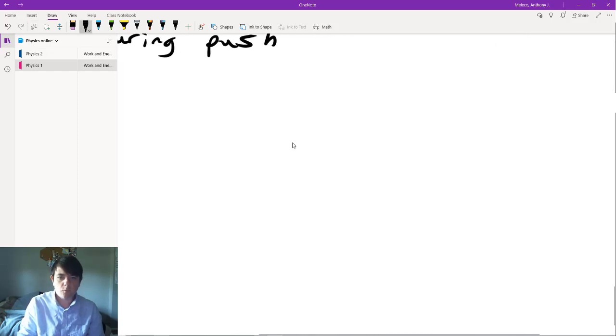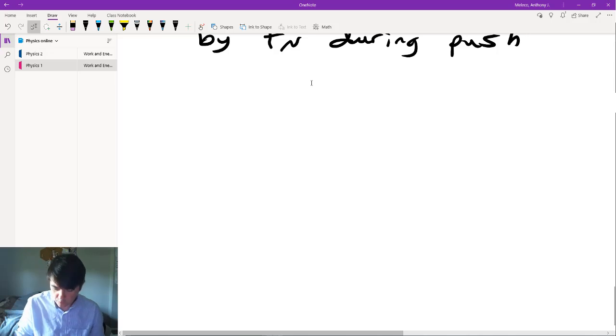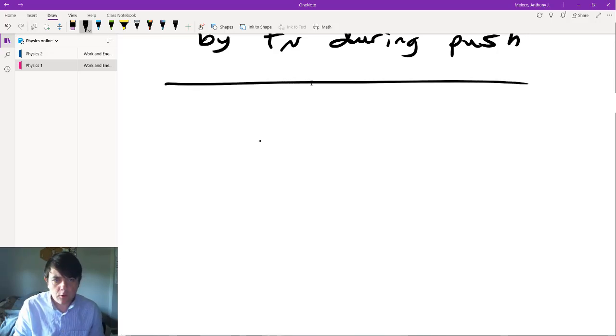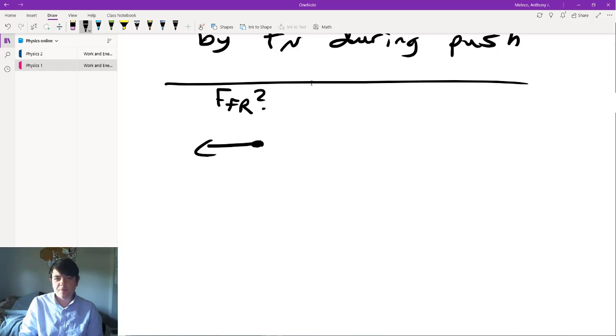So we've got a frictional force here. Friction points in the opposite direction, if you remember. It is opposite to the motion, and the motion is to the right, so it would point to the left.